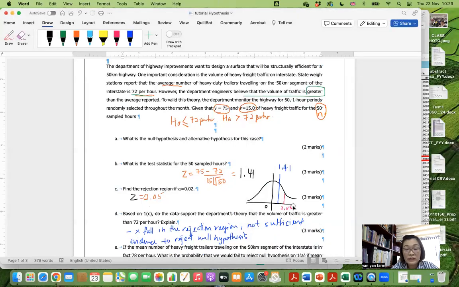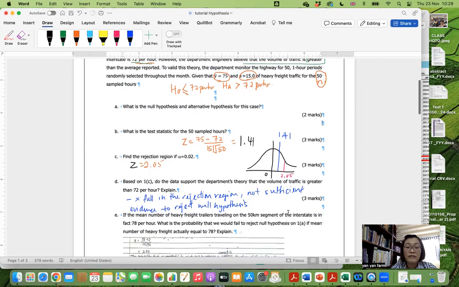My rejection region is on the right tail, so you have to convert it into positive. Therefore, your rejection region is 2.05.